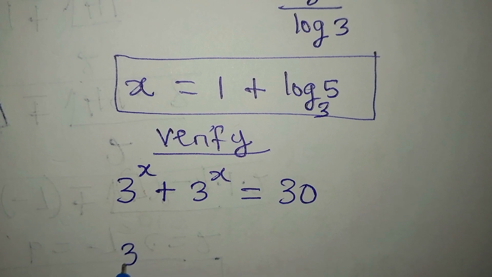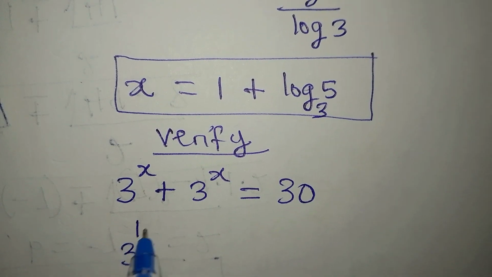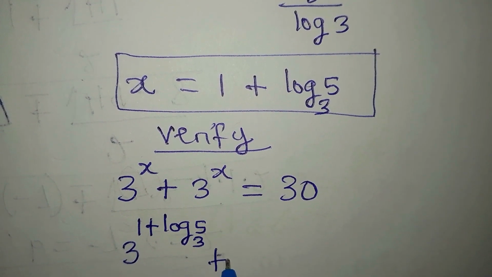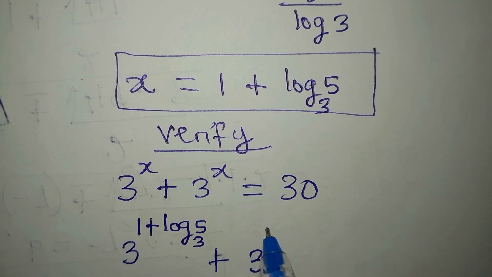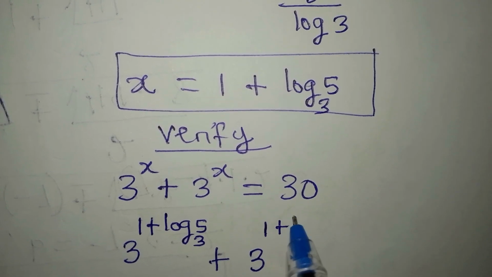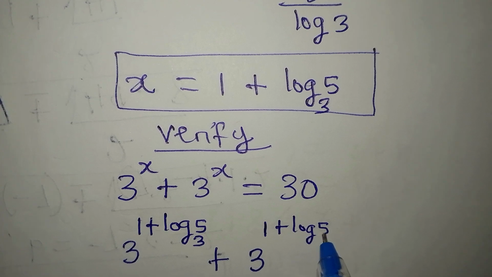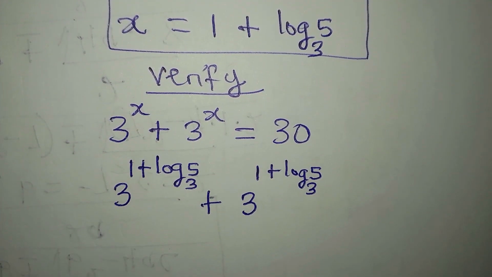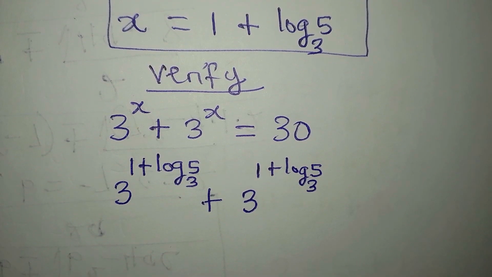Now, we are having 3 to the power of x, and our x is 1 plus log 5 to base 3. Then plus the same thing, 3 to the power of 1 plus log 5 to base 3. So the question now is, if we add this, are we going to have 30 on the other side? Let's give it a try.